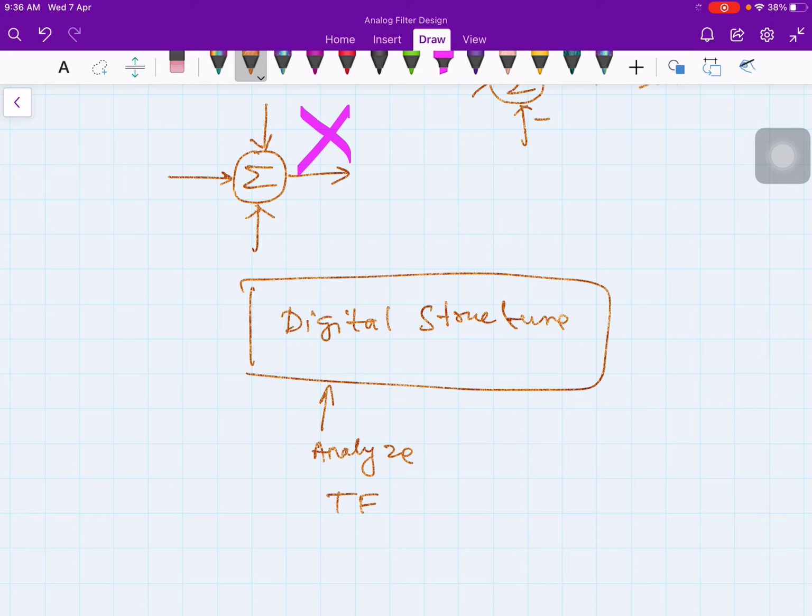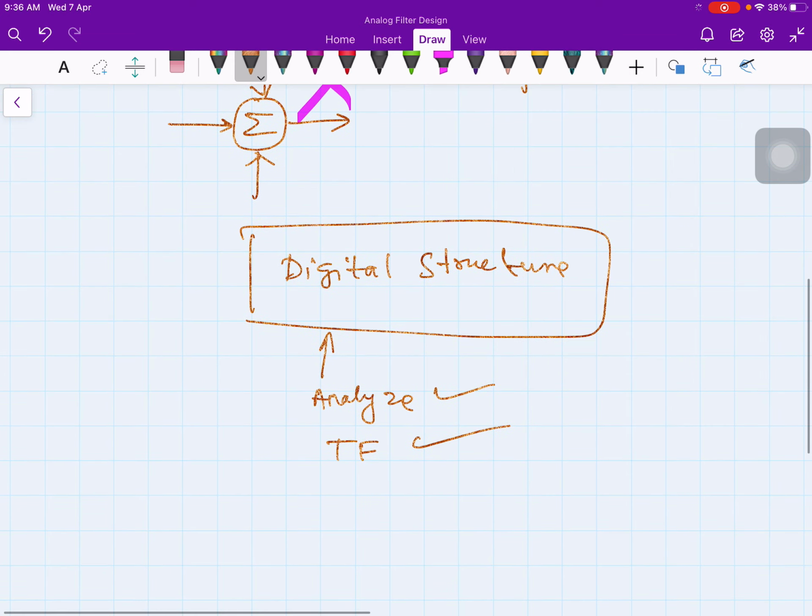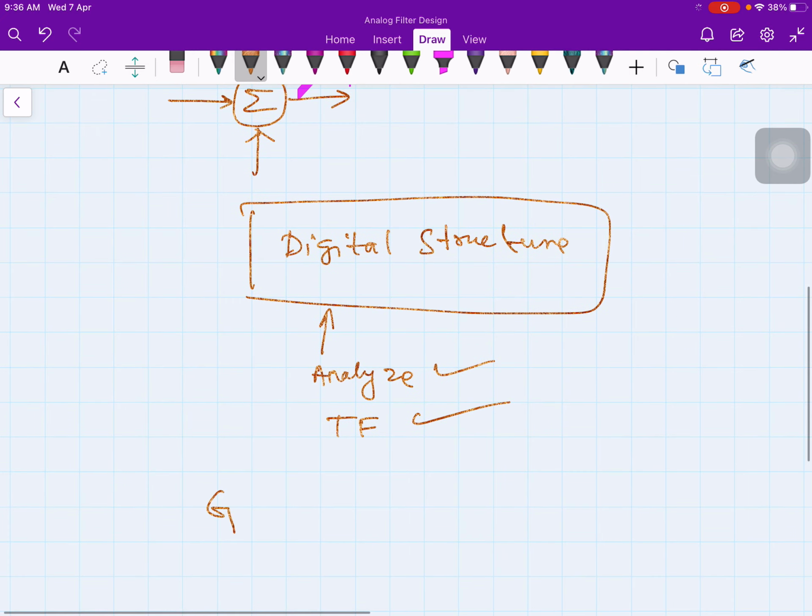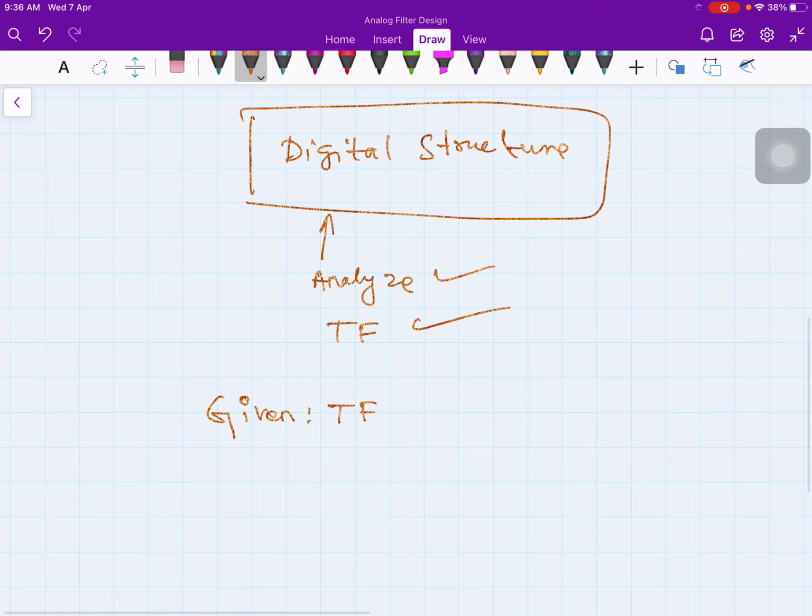So this is always possible. But the problem here is, given the transfer function, the question is, how do you find the structure? Okay, that is the question.